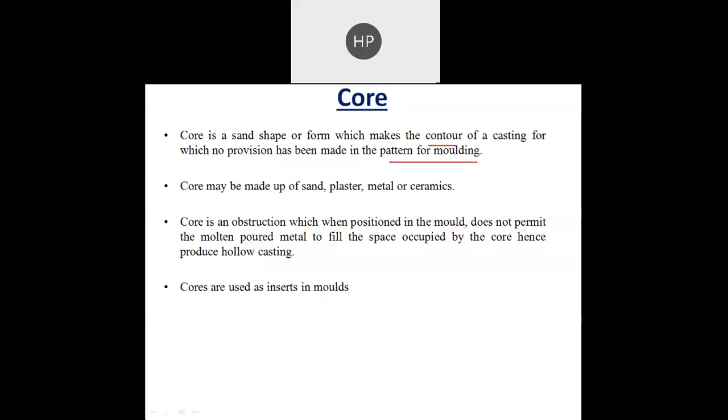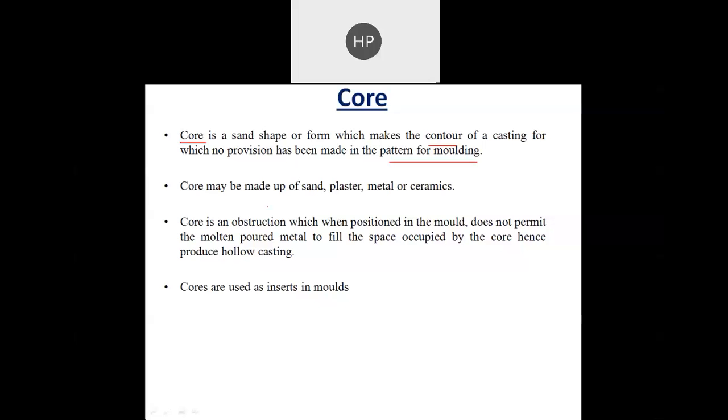Sometimes we have to make a certain contour which is difficult, or we cannot make it in the pattern itself, but we still require it in our mold. In that case, we make some form or shape of sand and put it inside the mold, and that form is known as a core.